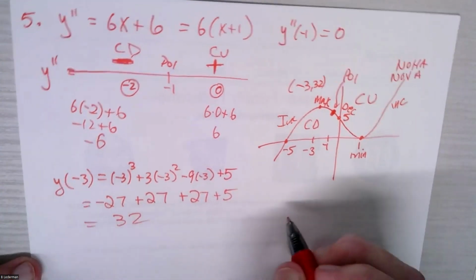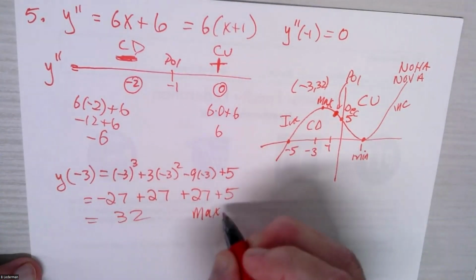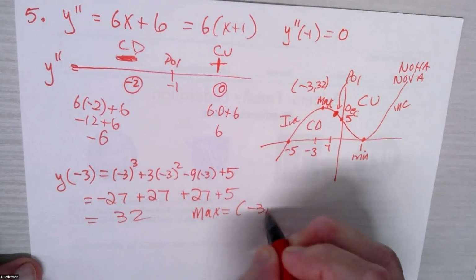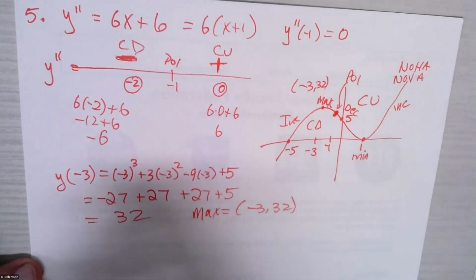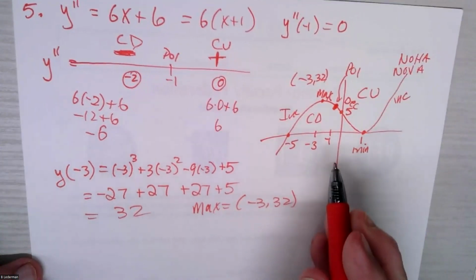Now for the point of inflection, so this is for the max. So the max is -3 comma 32. Now for the point of inflection, I'm going to take -1 and put that into the function.